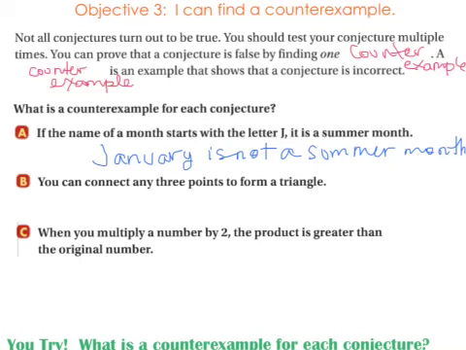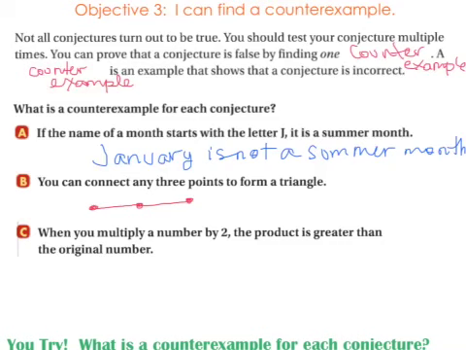Let's look at B. It says you can connect any 3 points to form a triangle. So we know that's not true always. Our counterexample, this time I'm going to show a picture. I'm going to have 3 points that are collinear. So here I have connected 3 points, and I cannot form a triangle because they are collinear.